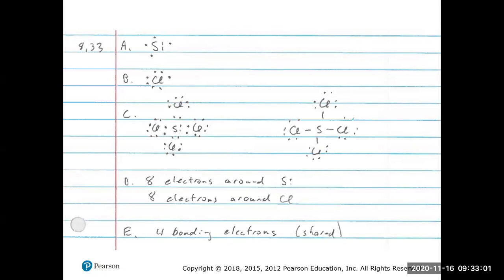So silicon by itself, that atom, we know that's a 4A element, so we would have 4 dots around it. Chlorine is a 7A element, so we would draw 7 dots around it. And then when we go and make that SiCl4 molecule, we can do it one of 2 ways.